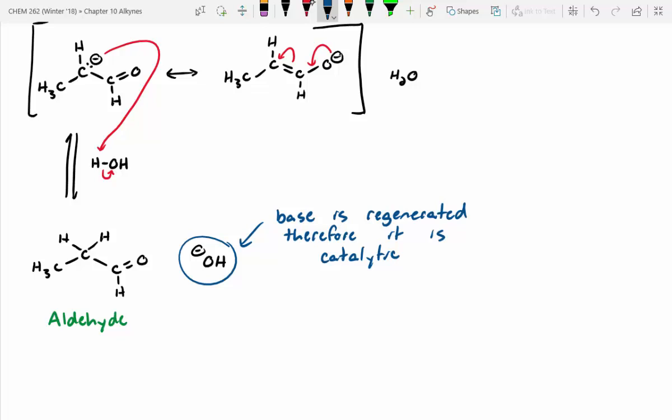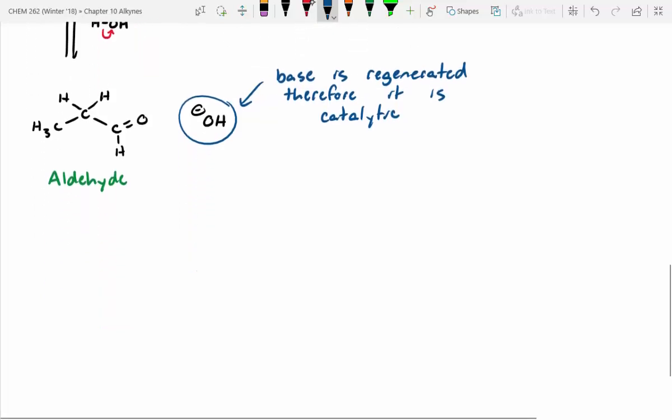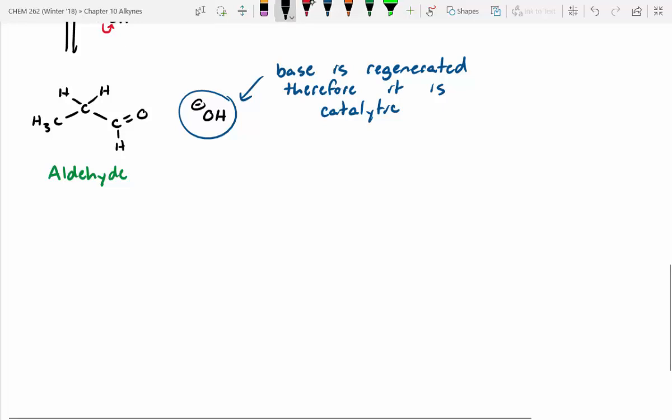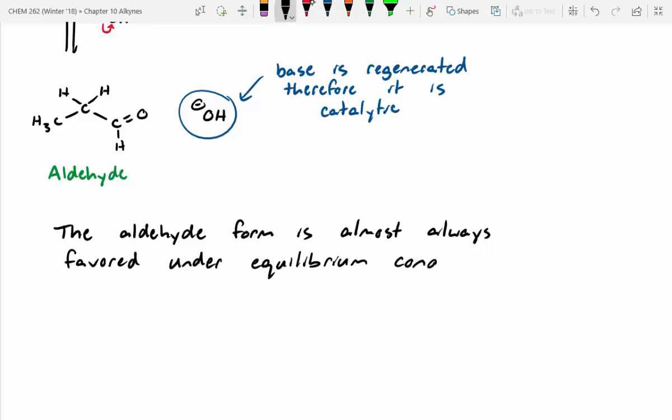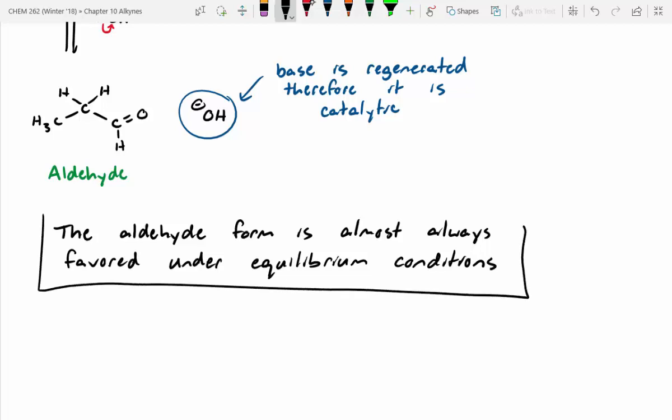The aldehyde is almost always favored over the enol. So let's make a note of that. So the aldehyde form is almost always favored under equilibrium conditions.